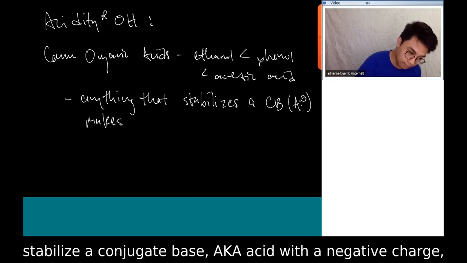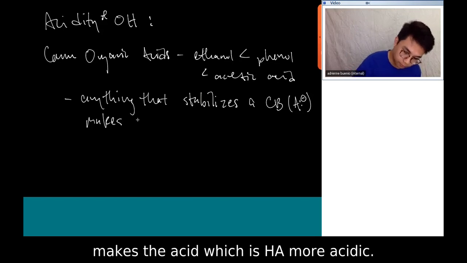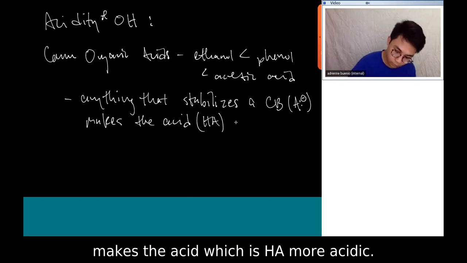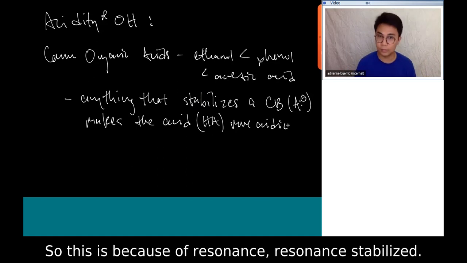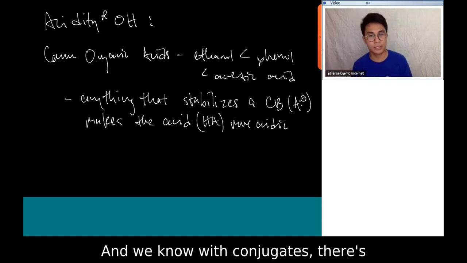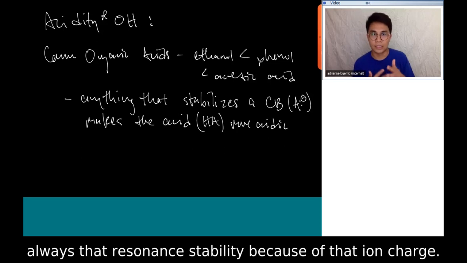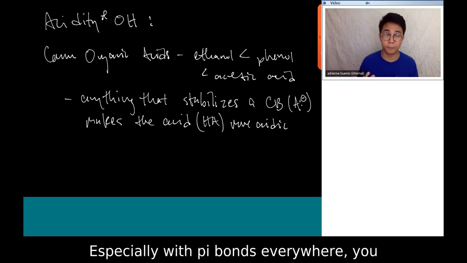Makes the acid, which is HA, right, more acidic. So this is because of resonance, right? Resonance stabilizes it. And we know with conjugates there's always that resonance stability because of that ion charge, especially with pi bonds everywhere.